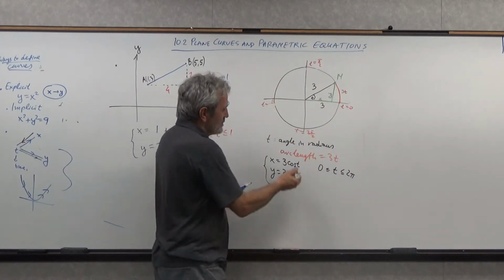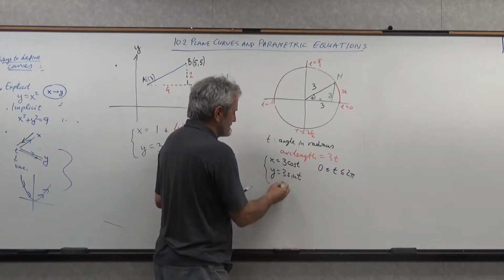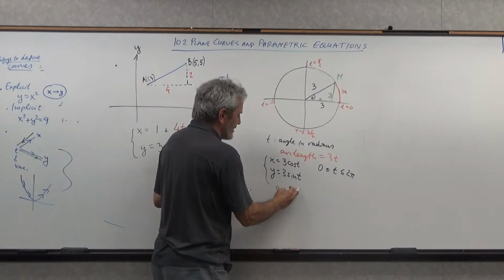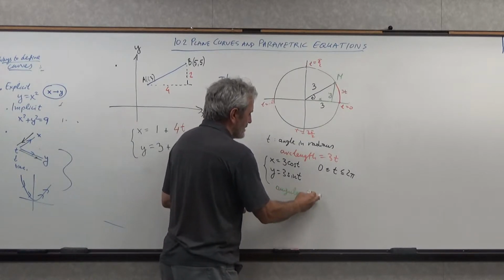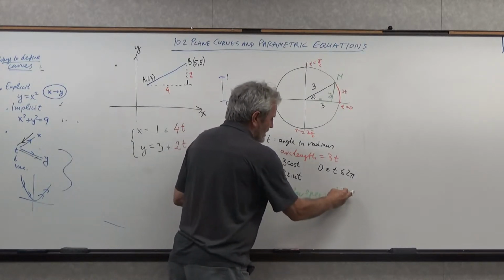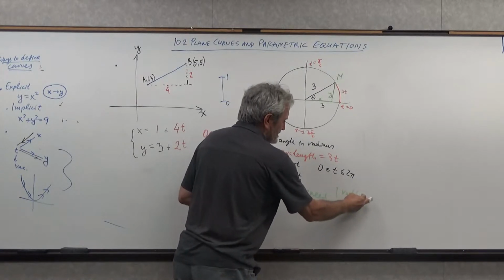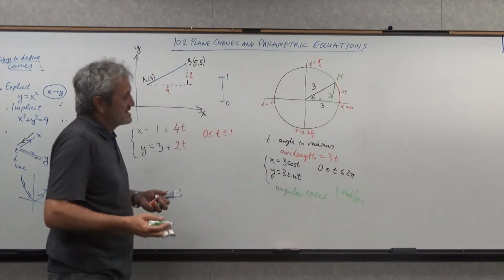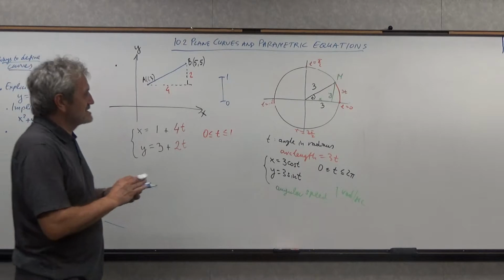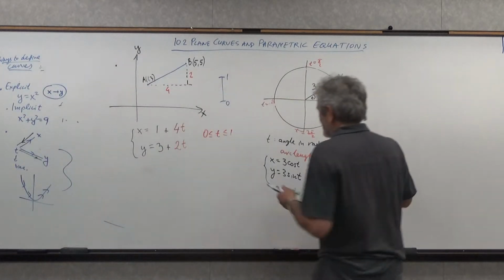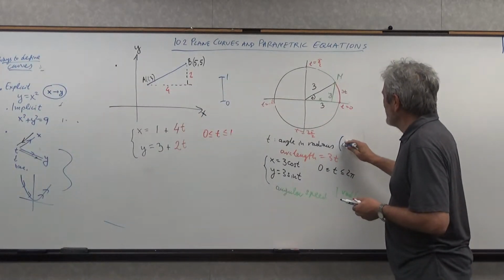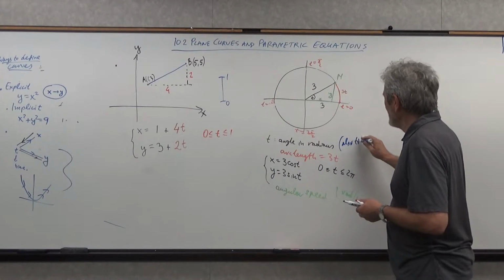And then of course, you can go with higher angular speed. So this is angular speed, 1 radian per second. So t is at the same time the angle in radians, and also the time in seconds.